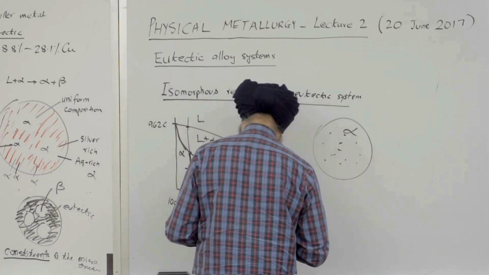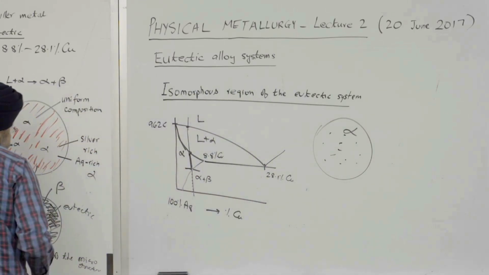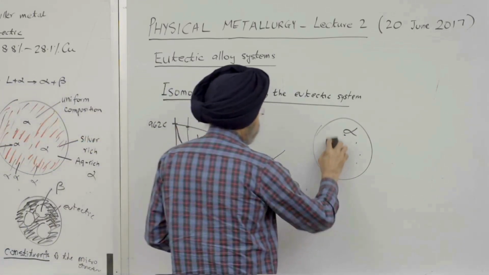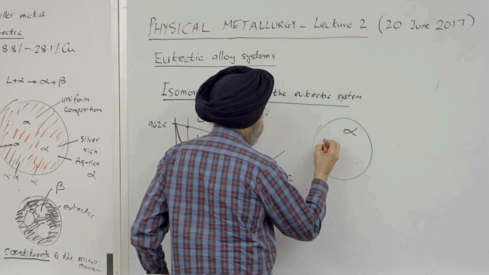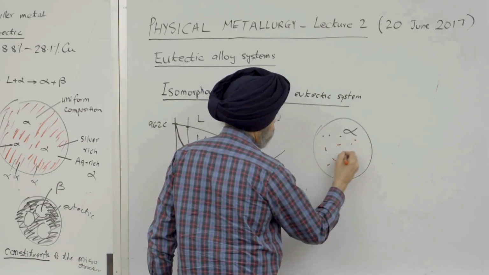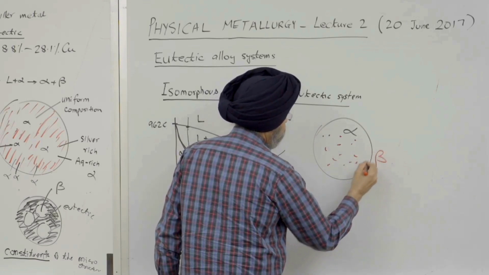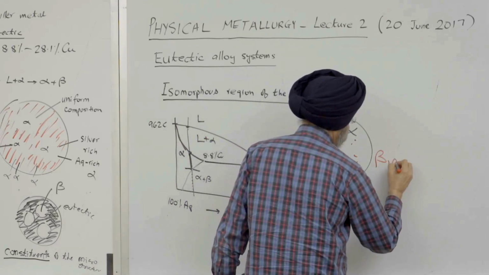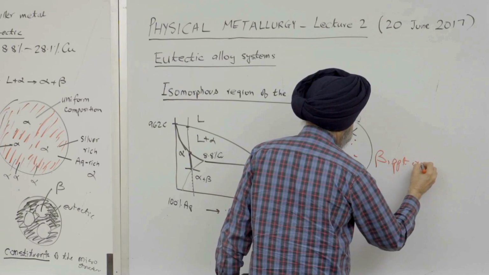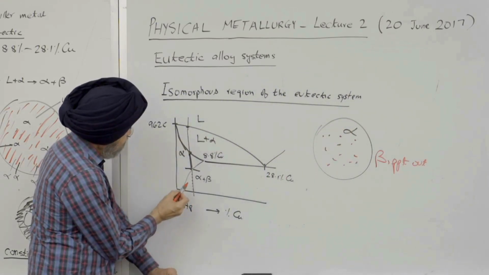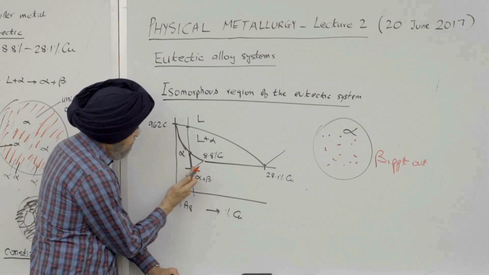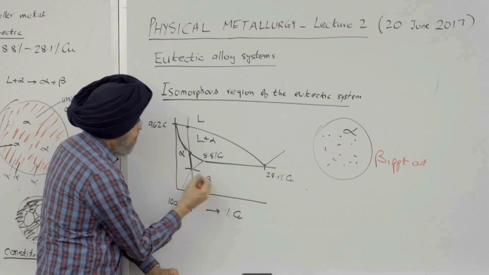Actually, I should have drawn red dots. So let me draw red, because beta is copper rich. So in the alpha matrix, we'll get particles of beta that precipitate out from the alpha matrix, because this region is alpha plus beta.